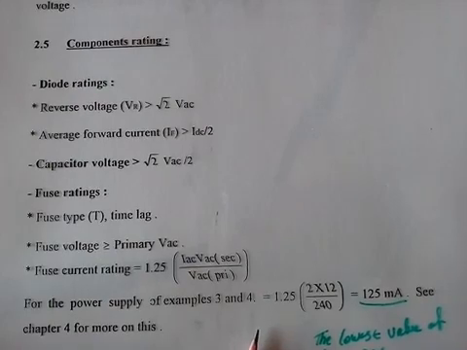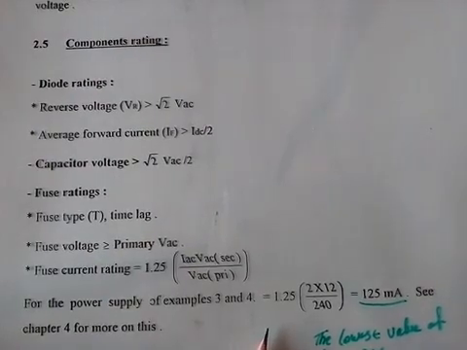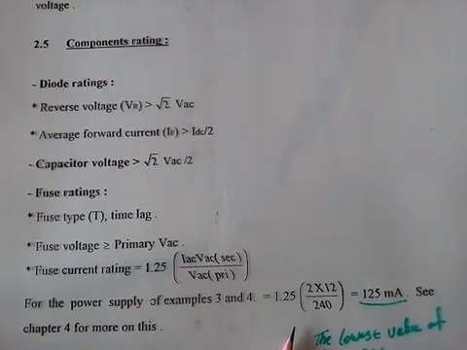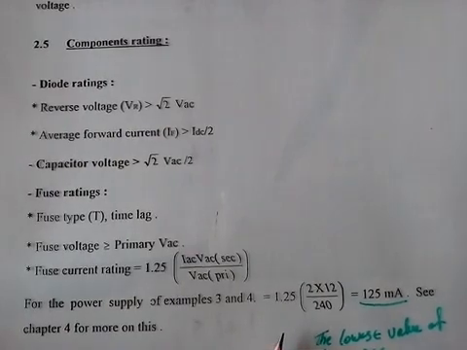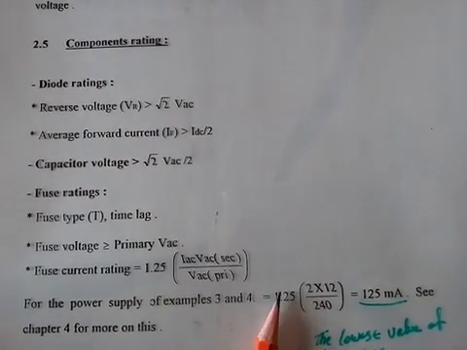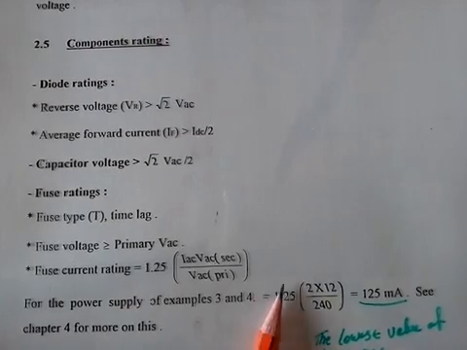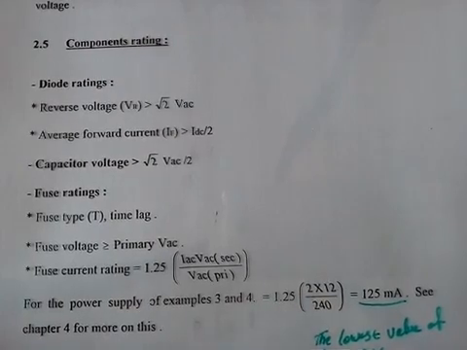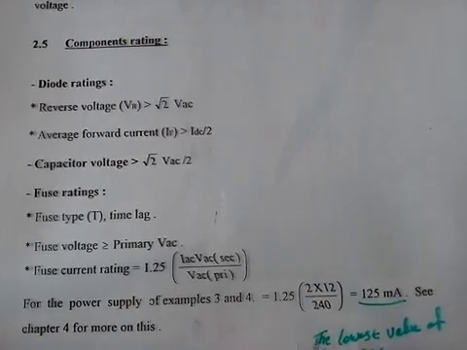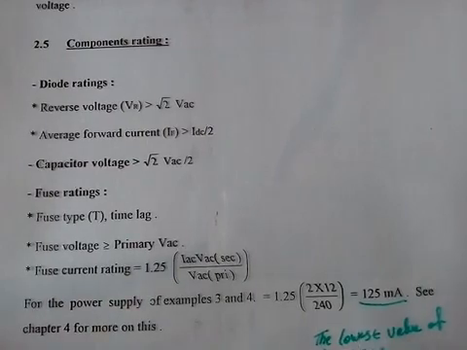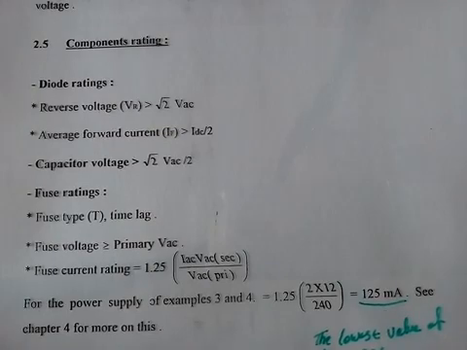So whenever any winding magnetizes the core of that transformer, the other winding will demagnetize it. And that's why you are not going to see this on the primary side. That explains why you have such a low value for the fuse sitting at the primary.